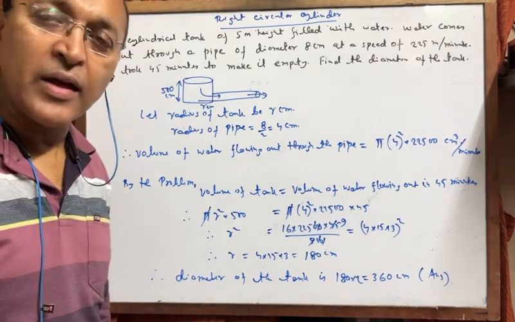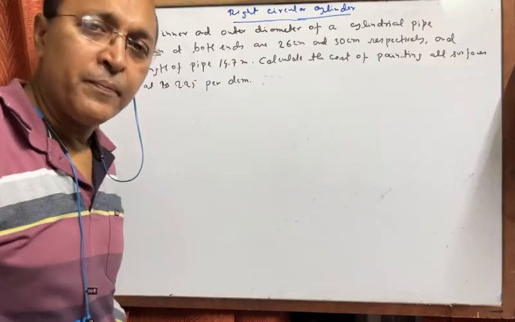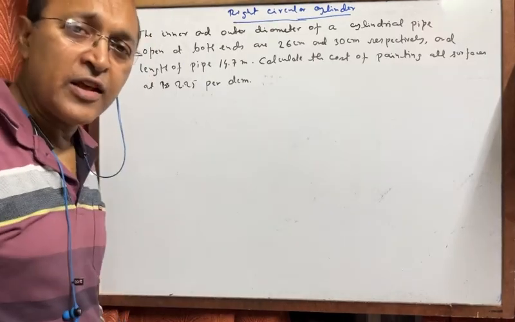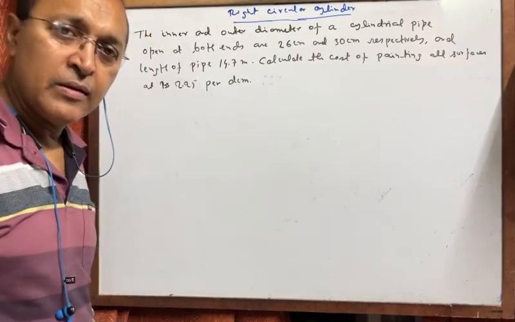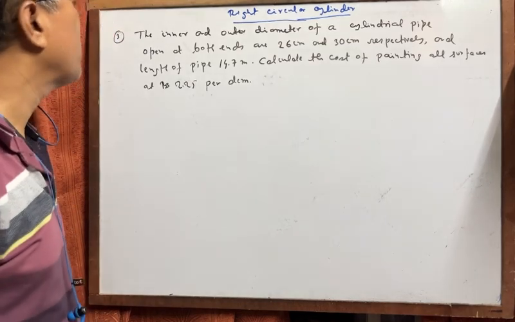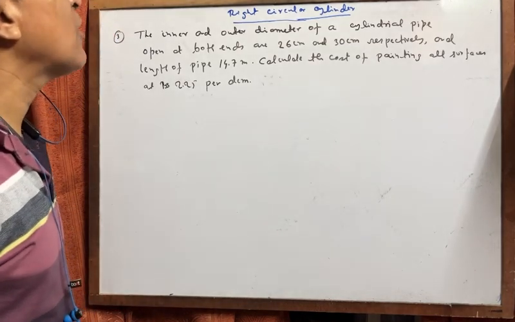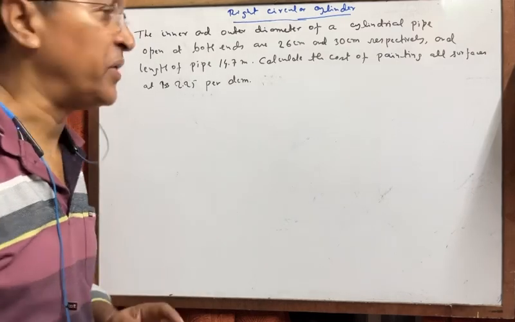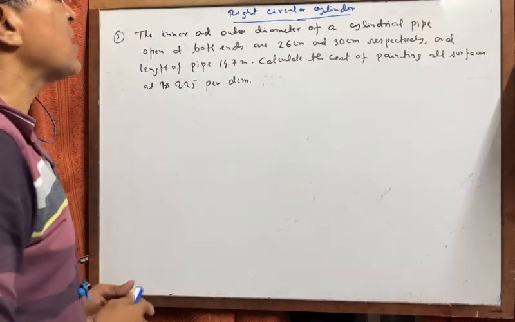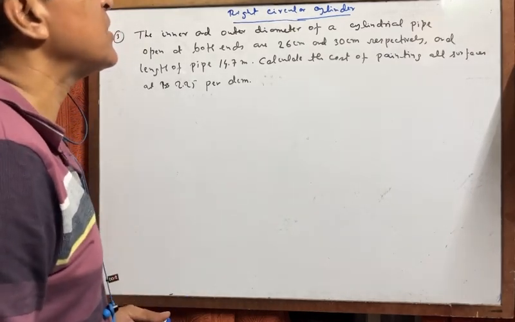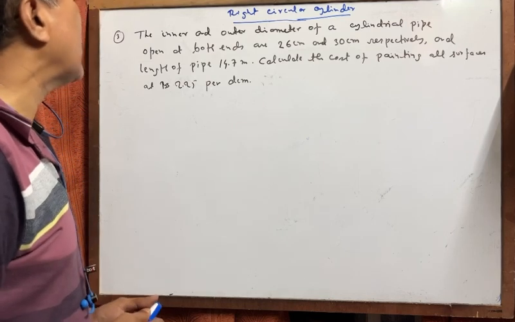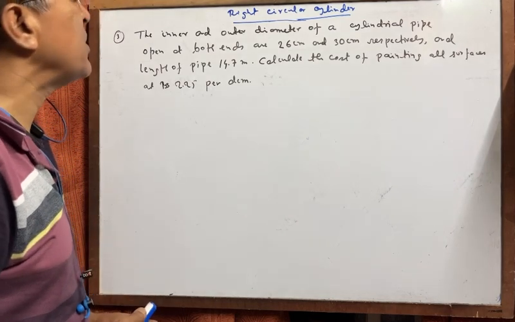I am coming back with another very good and very interesting problem. Please take a careful look. The inner and outer diameter of a cylindrical pipe, that is, a hollow cylinder open at both ends, are given 26 centimeter and 30 centimeter respectively, and length of pipe is 14.7 meter.